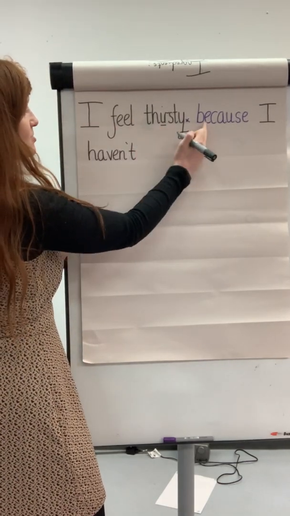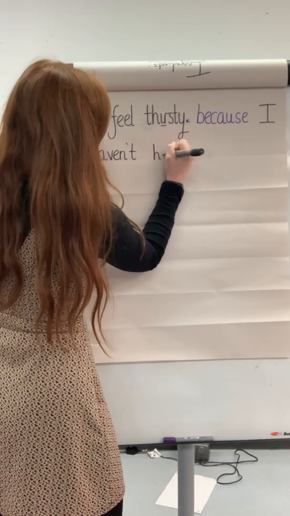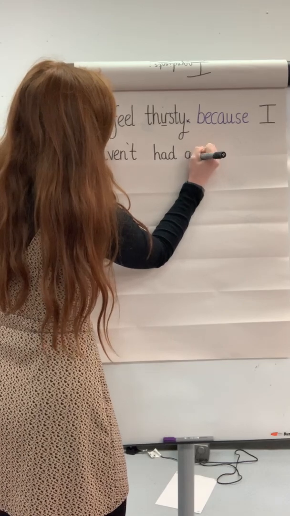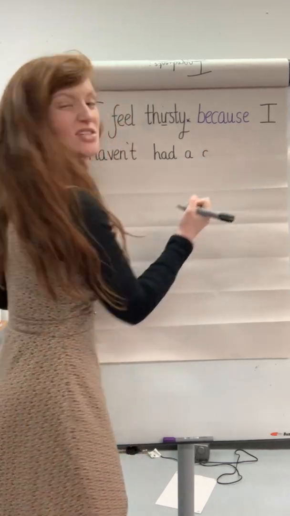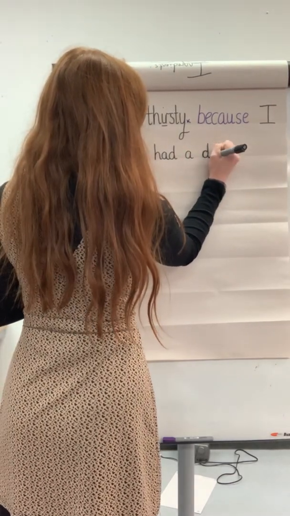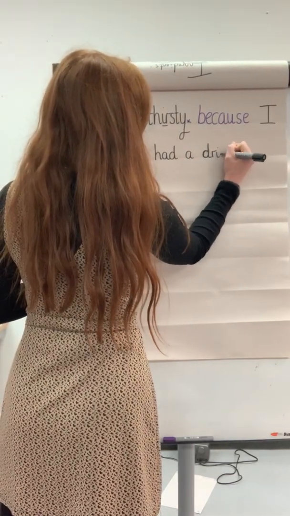I feel thirsty because I haven't had a drink. That's a hard one because it sort of sounds like a J, but it's not. It's D and R making that dr sound. Ink.